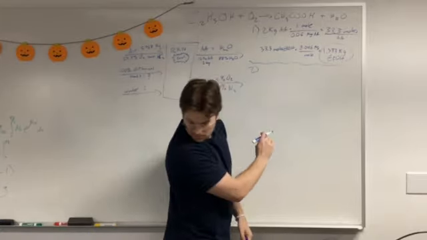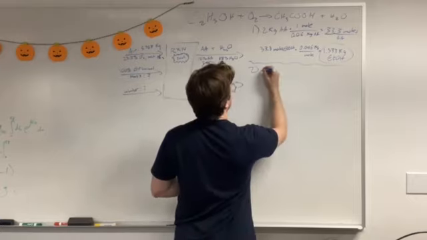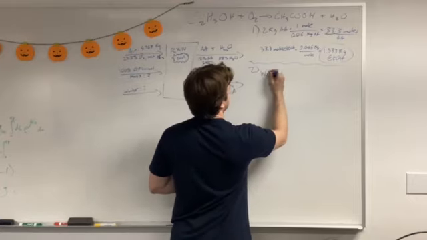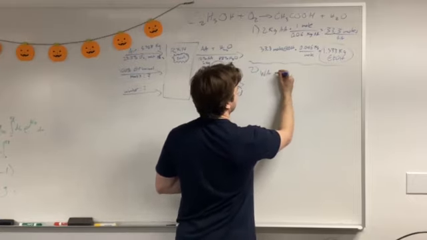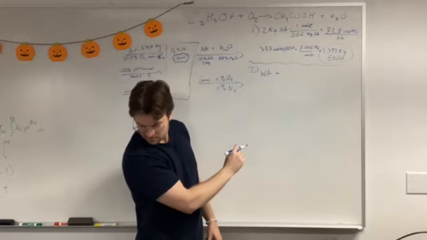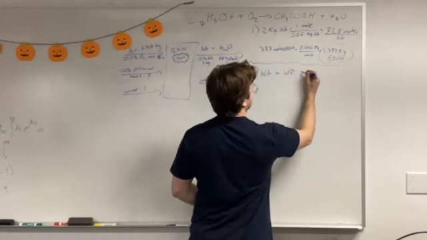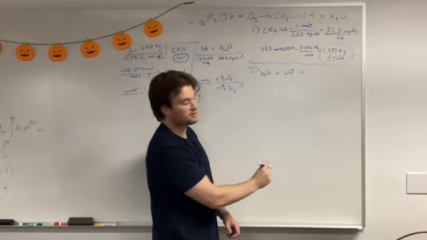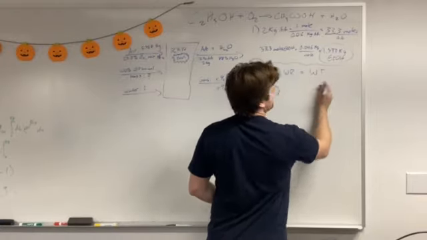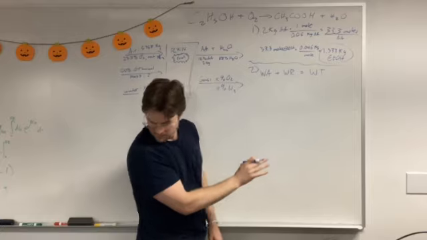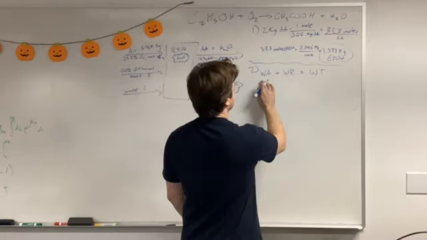So let's call this WA for water added, plus WR for water from the reaction, equal to WT, which is water total. Here, our water added is what we're looking for.